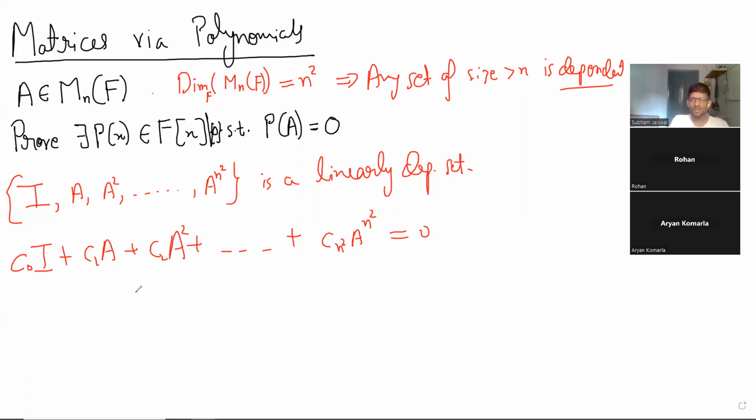And so you get a polynomial, right? So the polynomial is c_0 plus c_1 x plus and so on up to c_{n^2} x to the power n squared. This is it.